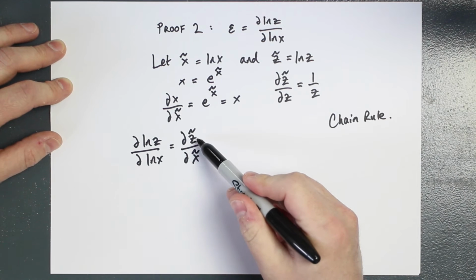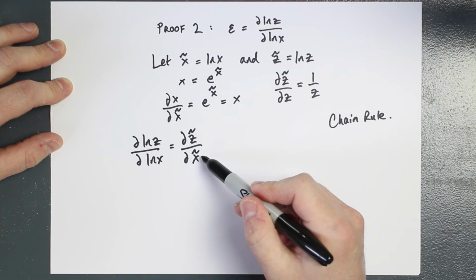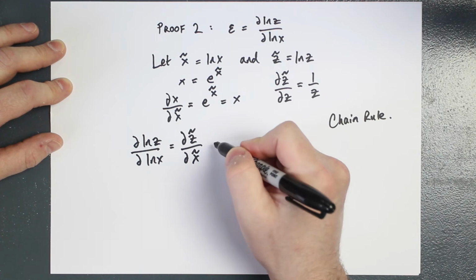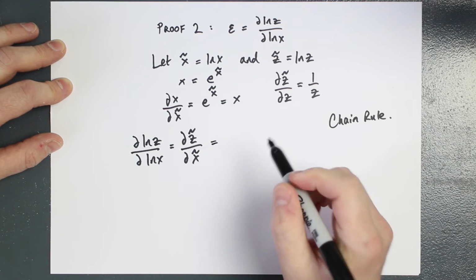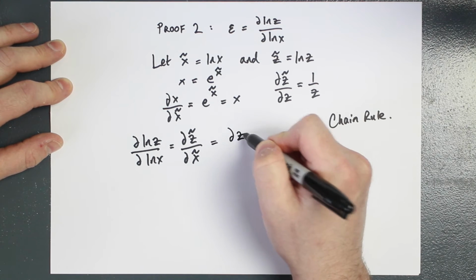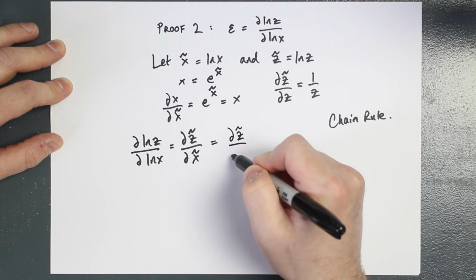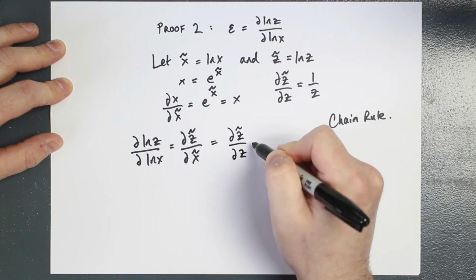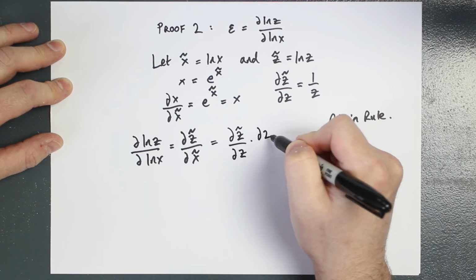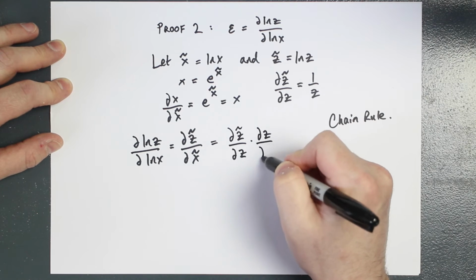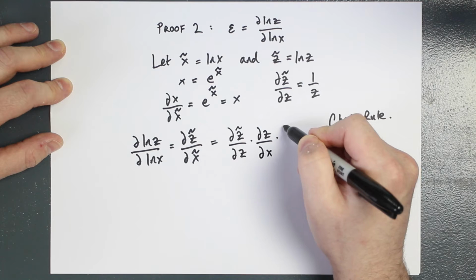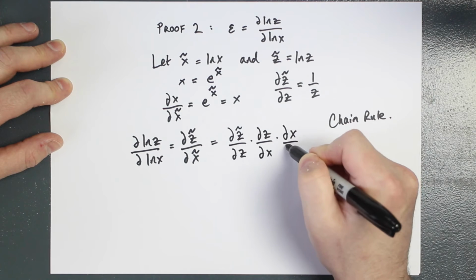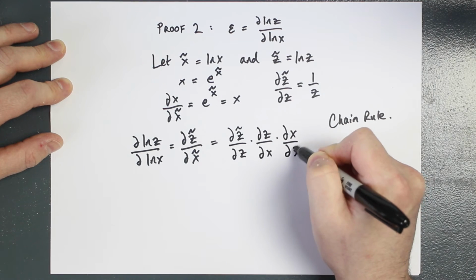If I want to partially differentiate z tilde with respect to x tilde, I could form a chain as follows. So I could partially differentiate z tilde with respect to z, and then I could partially differentiate z with respect to x, and then I could partially differentiate x with respect to x tilde.